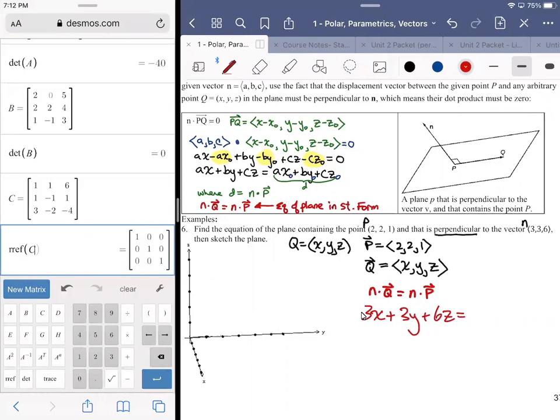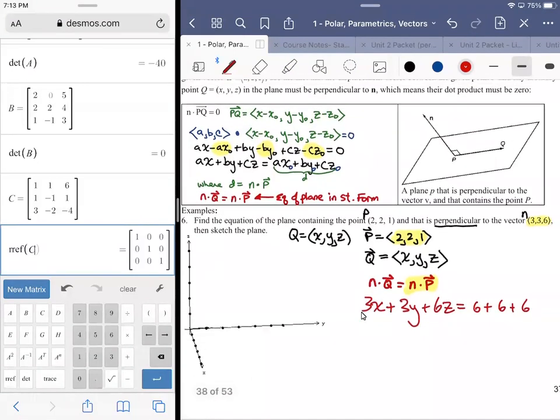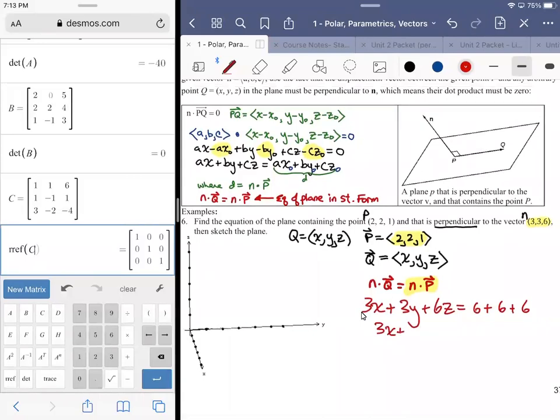And then when I compute n against vector p, multiply the corresponding parts and add them up. 3 times 2 is 6. 3 times 2 is 6. 6 times 1 is 6. So we're getting 3x plus 3y plus 6z is equal to 18. Right? So that's the equation of the plane.